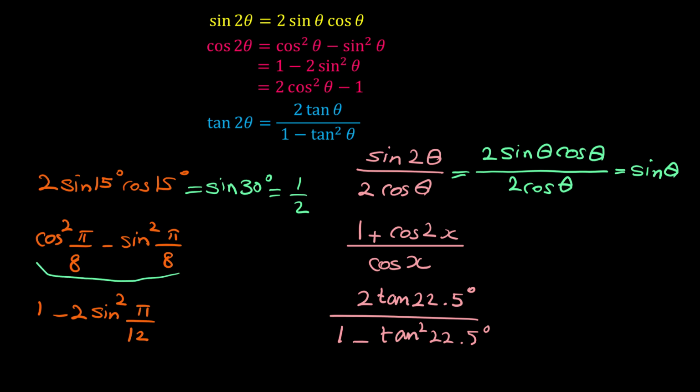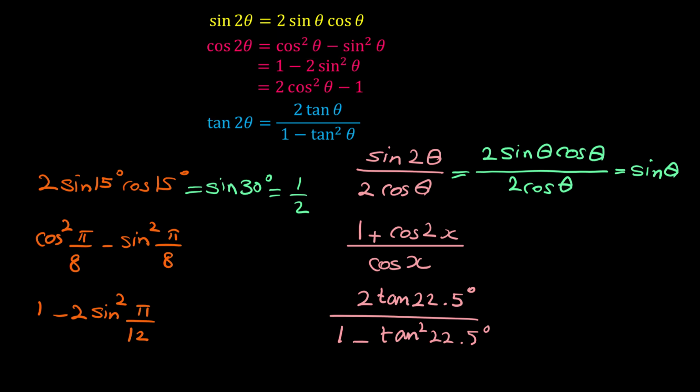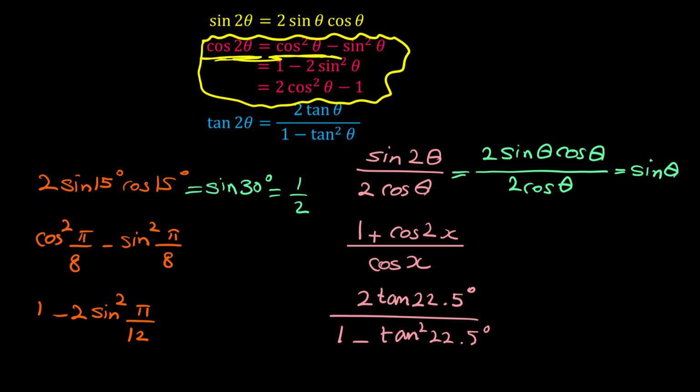Now here we have an example that we can use this identity for. But before we do this example, let's see what we have here. For cosine of 2 theta, we have basically 3 formulas. Cosine of 2 theta is cosine to the 2 minus sine to the 2. Sometimes for cosine of 2 theta, instead of this, it's better to use the other formula, 1 minus 2 sine to the 2. And sometimes we can use this formula, 2 cosine to the 2 minus 1.